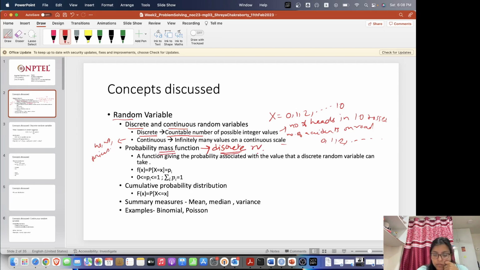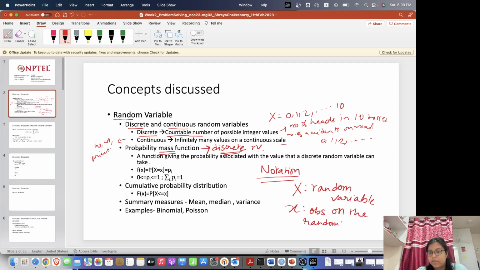What it is, is the probability that the random variable x takes on the value small x. Here the notation will be followed uniformly: capital X denotes a random variable, and small x denotes an observed value.